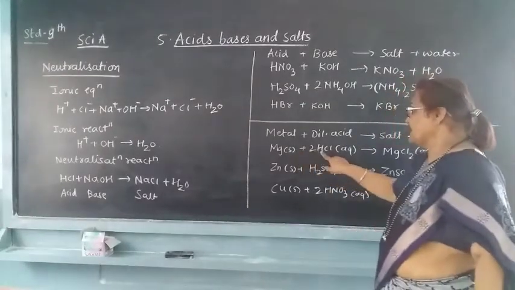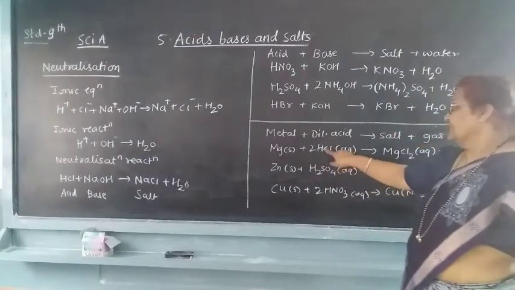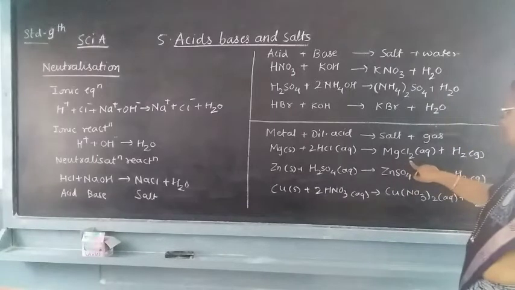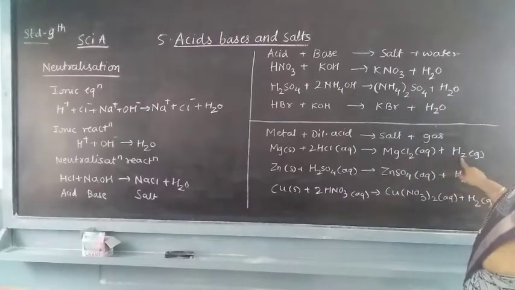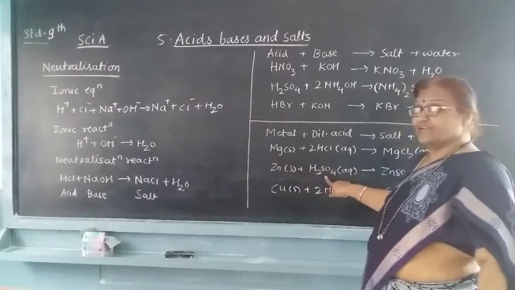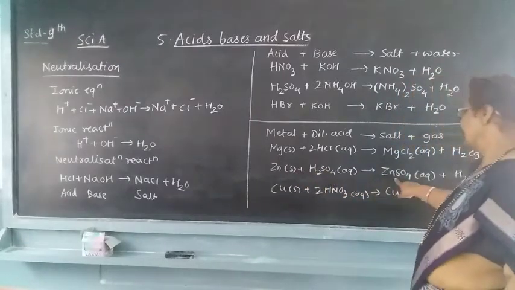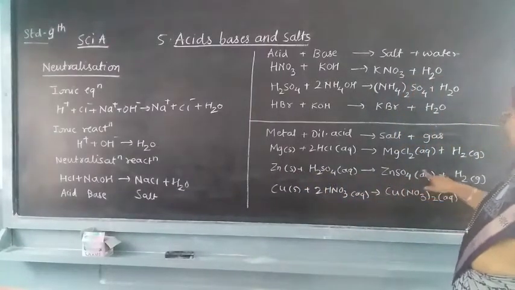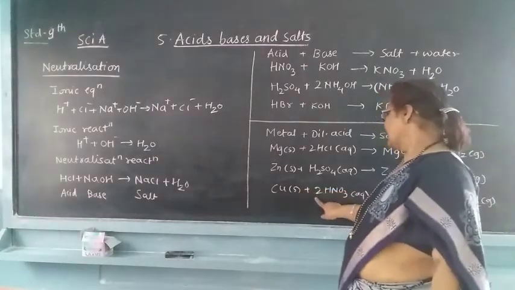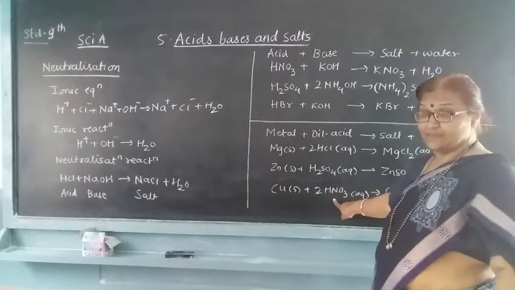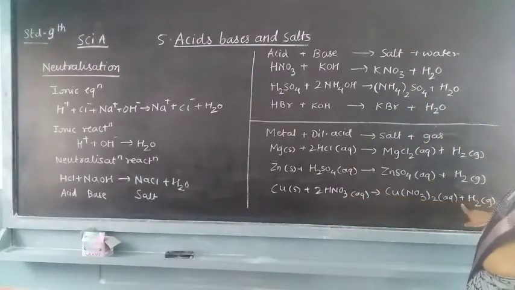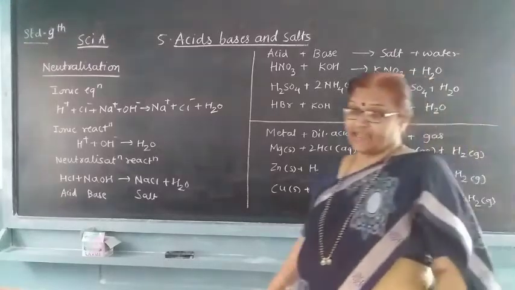Magnesium, when reacted with 2HCl, that is hydrochloric acid, gives you magnesium chloride plus H2 gas. Similarly, when zinc is reacted with sulfuric acid, it gives you zinc sulfate plus H2 gas. When Cu reacts with HNO3, that is nitric acid, it gives you copper nitrate plus H2 gas.